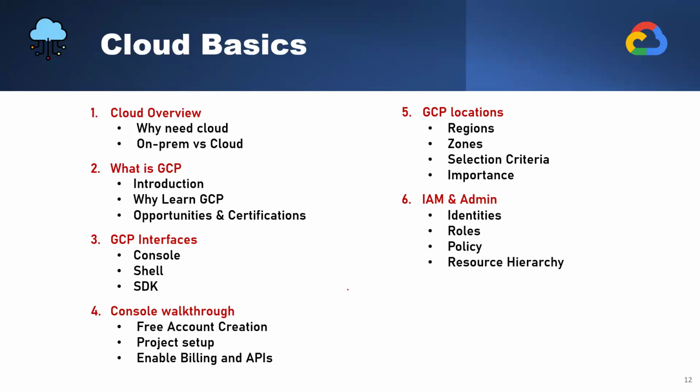These are the cloud basics that we are going to cover, guys: what is Google Cloud Platform, GCP interfaces, console walkthrough, GCP locations, and IAM and admin, a very important topic for access control. All of these details we are going to see in our upcoming sessions. The very first topic that we are going to start with may be Google Cloud Platform.